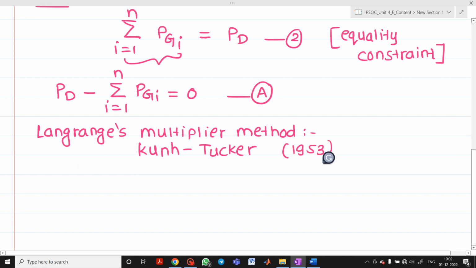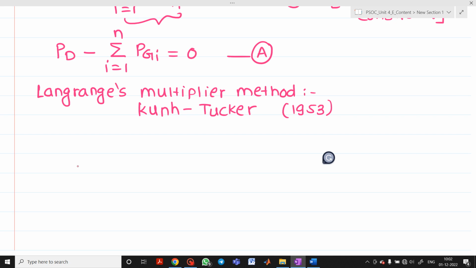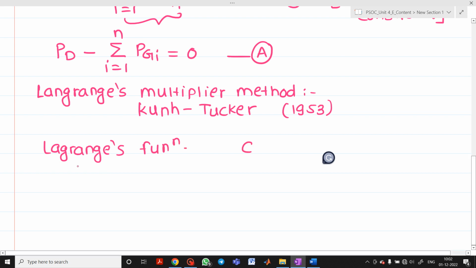So now what is this Lagrange's function? Let the Lagrange's function be equal to, let's say, C equal to CT plus lambda into f.